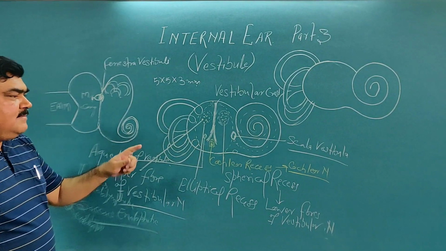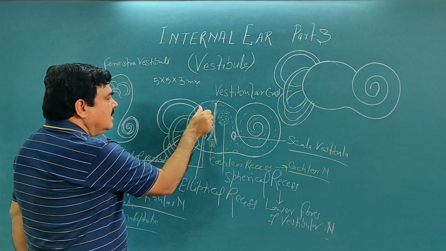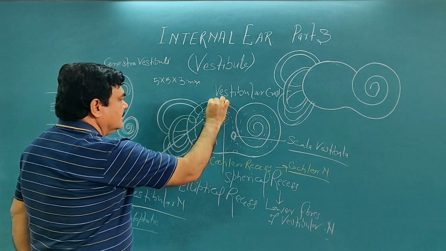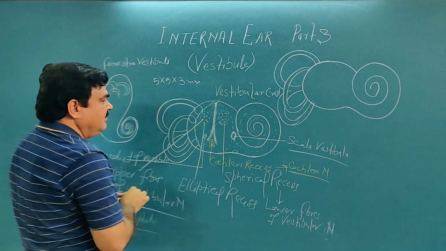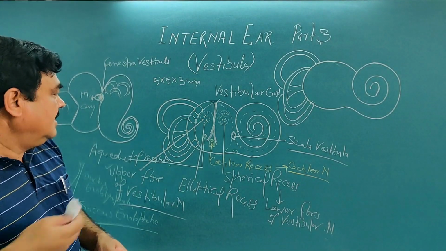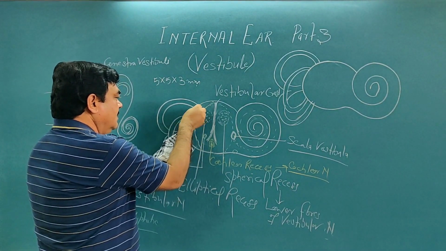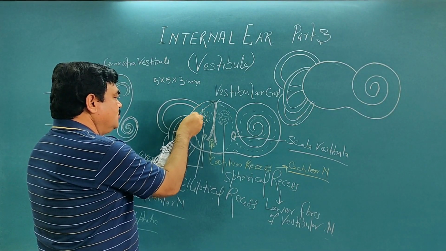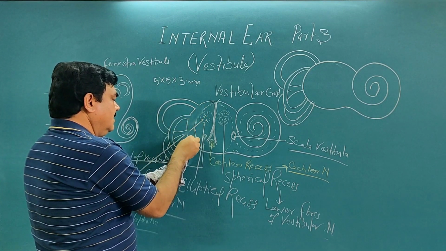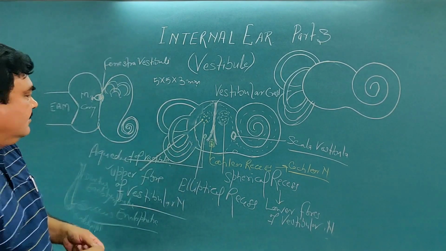If you see on the posterior side, this is the posterior wall. Here are these openings, these are the 5 openings present in the posterior wall.